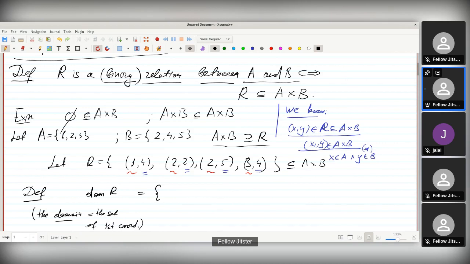So if (X, Y) belongs to A times B, then X necessarily belongs to A. Why is it so? Because there is only one way to obtain the first coordinate from a pair.